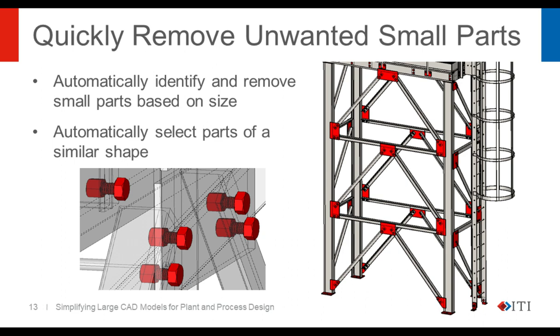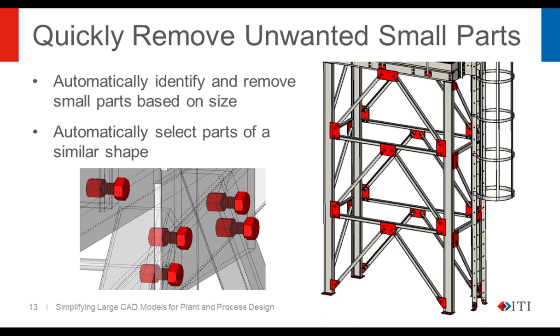The first one, and the most obvious one, that can have a significant impact on the size of a model and is very easy to do, is automatically identifying and removing small parts, nuts, bolts, washers, plates that exist in the model. They're part of the CAD model, they're needed for manufacture, but they're too small and too detailed for the plant layout.